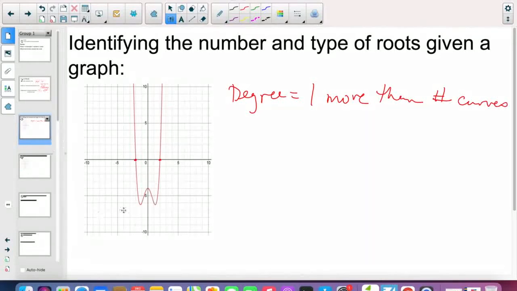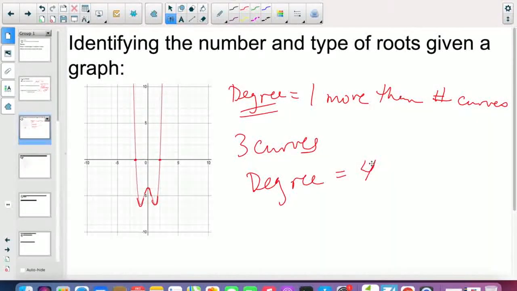So if they just give you a graph like this, you can count how many curves it has. All right, so look here. This has got one curve here, two curves, 3 curves. This thing has 3 curves, so that means the degree is 4. It's a 4th degree polynomial.